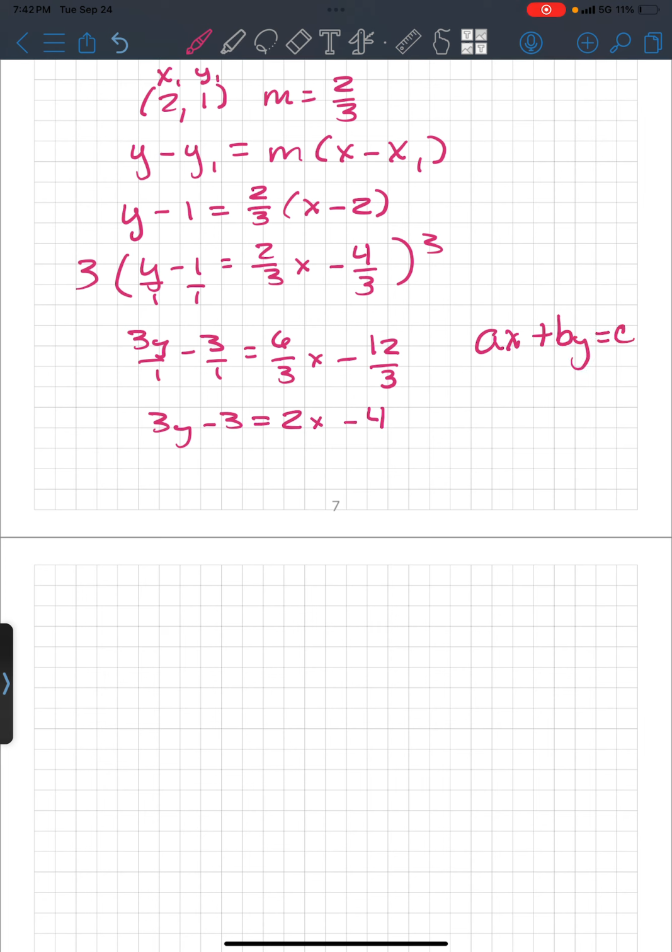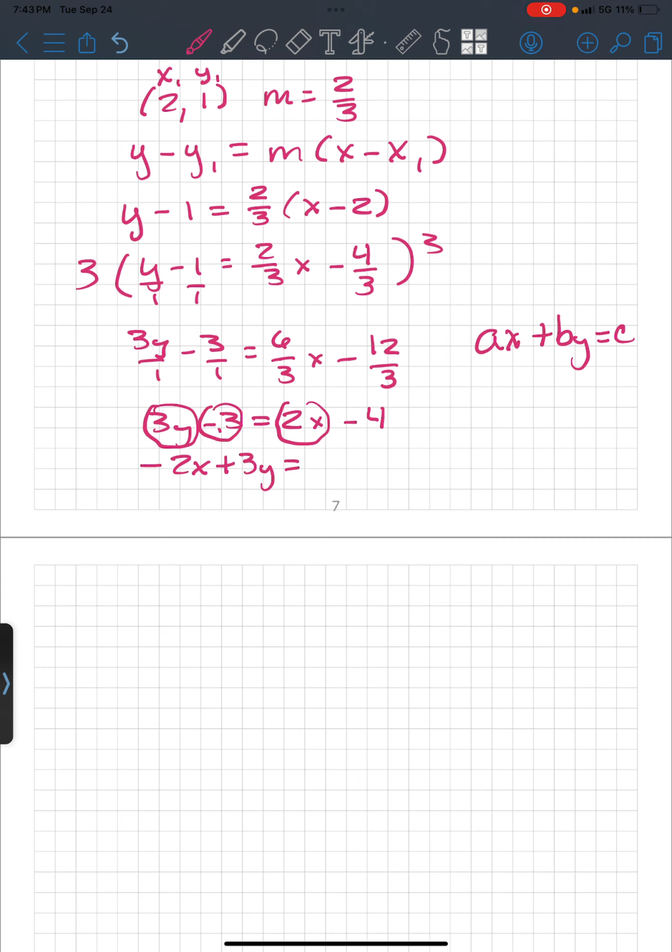I need to make it in standard form, which means everything with x and y goes to the left side, and everything not goes to the right. So this is going to move over here, and because it's positive on the right, it becomes negative over here. y is staying on the left side, so it stays positive.